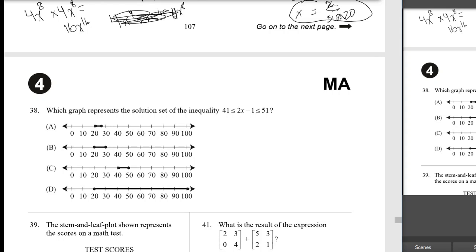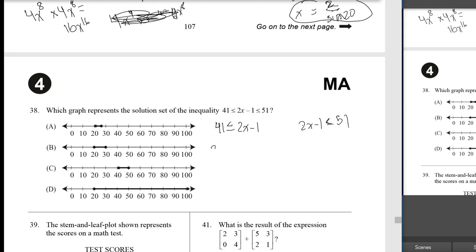You know that this is going to be a conjunction, but all of your answer choices are conjunctions. So what I'm going to do is I have two problems. 41 is less than or equal to 2x minus 1, and I have 2x minus 1 is less than or equal to 51. Those are two problem sets that I have.